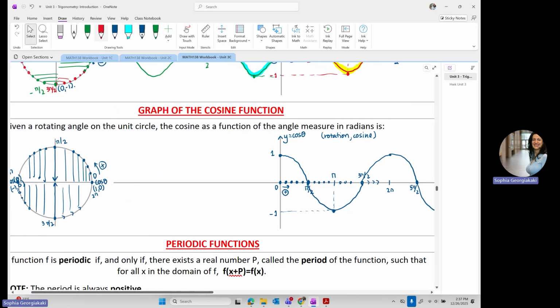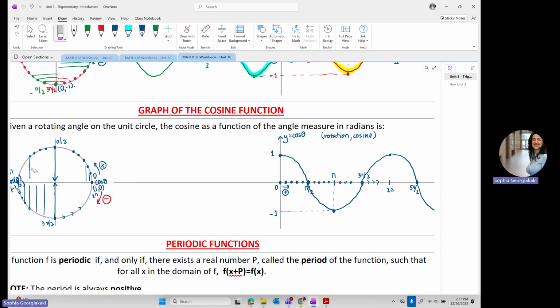Now, if I go in the negative direction, I will start with a cosine equal to 1 at 0, and then while I am in quadrant 4, so if I go in this direction, this way, when I hit negative pi over 2, my cosine will be equal to 0.